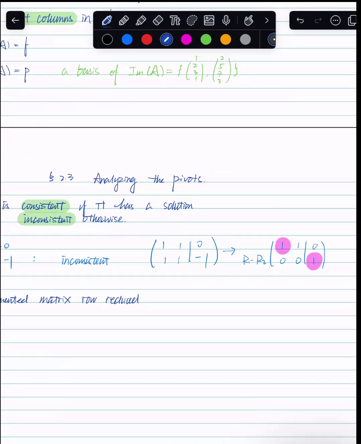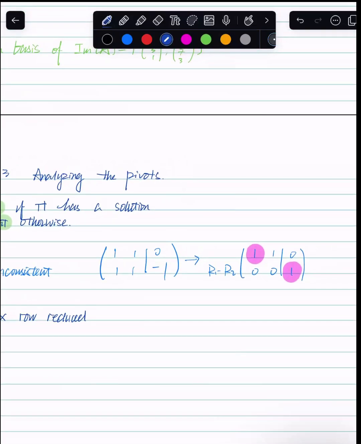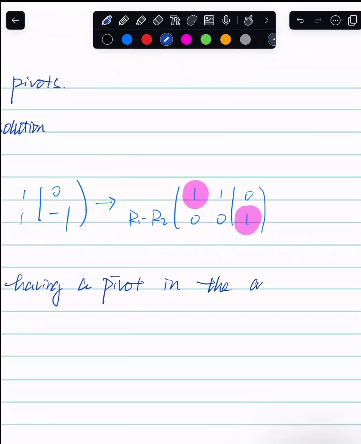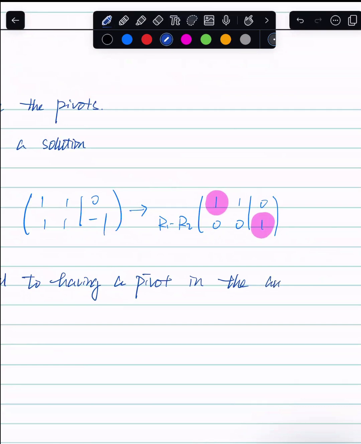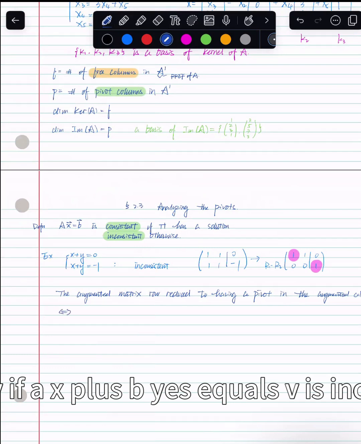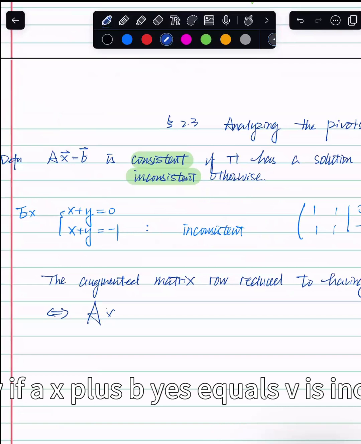The augmented matrix row reduces to having a pivot in the augmented column if and only if AX equals B is inconsistent.